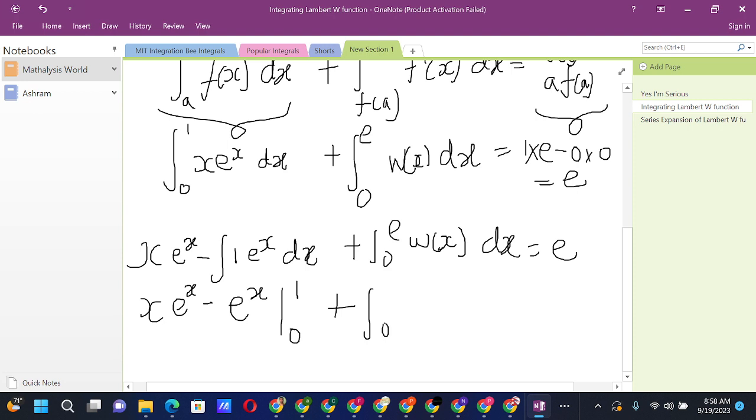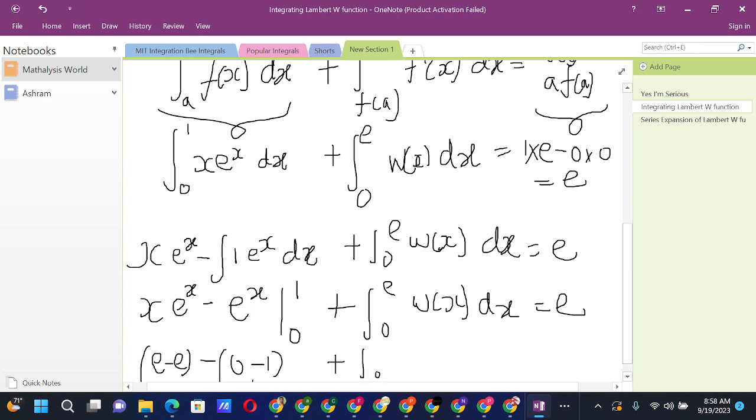And the integral from 0 to e of Lambert W of x dx is equal to e. Now if we evaluate this, at 1 we have e minus e, minus at 0 we have 0 minus 1, plus the integral from 0 to e of Lambert W of x dx, is equal to e.